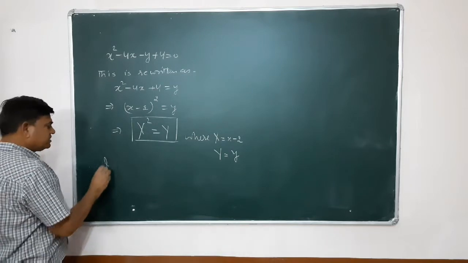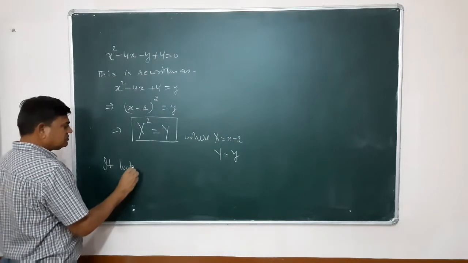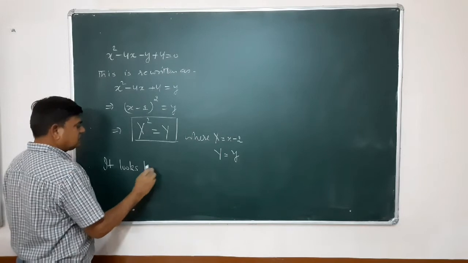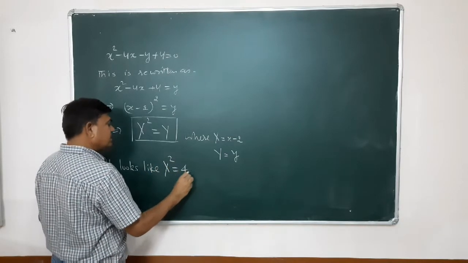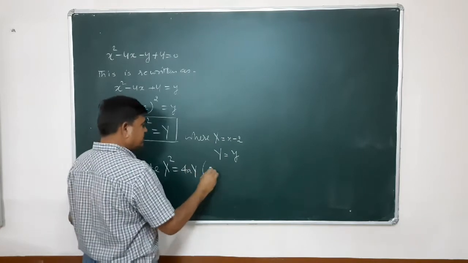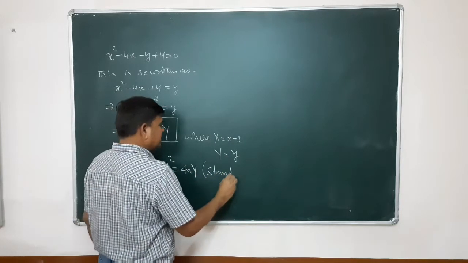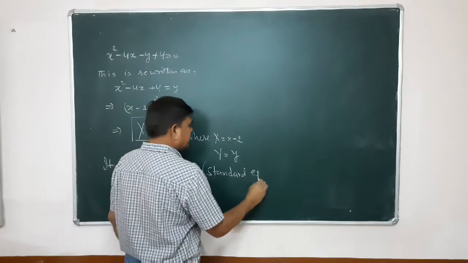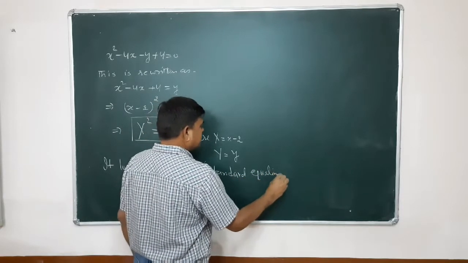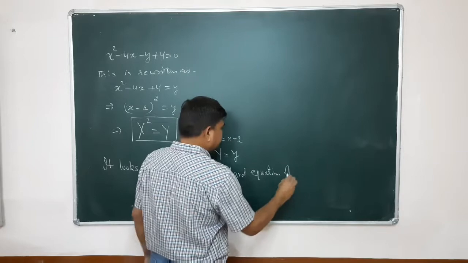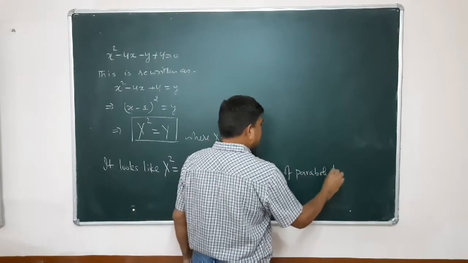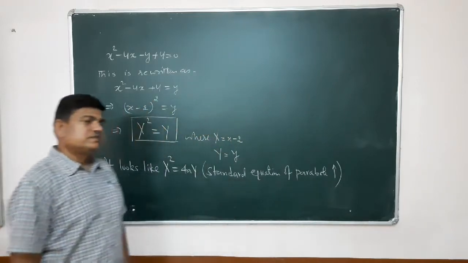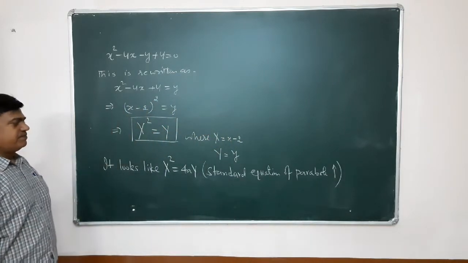It looks like x square equals 4ay, the standard equation of upward opening parabola.